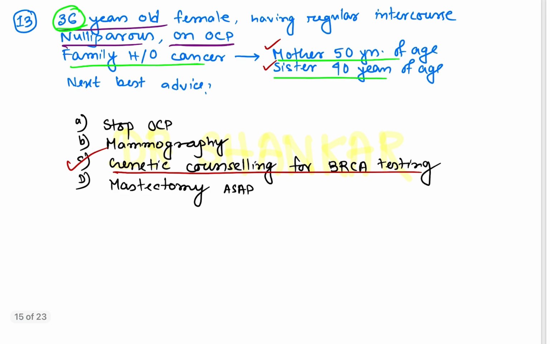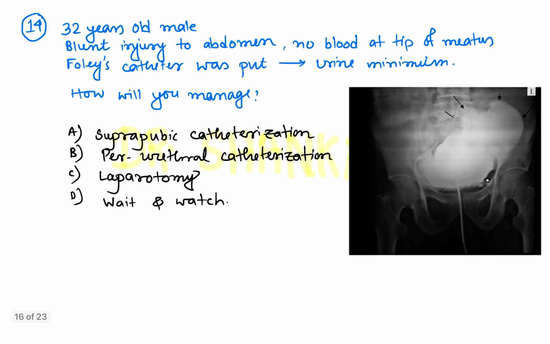Next, coming to question number 14. A 30-year-old male having blunt injury to abdomen, but there was no blood at the tip of the external urethral meatus. During examination, Foley's catheter was inserted and urine collection was minimum.